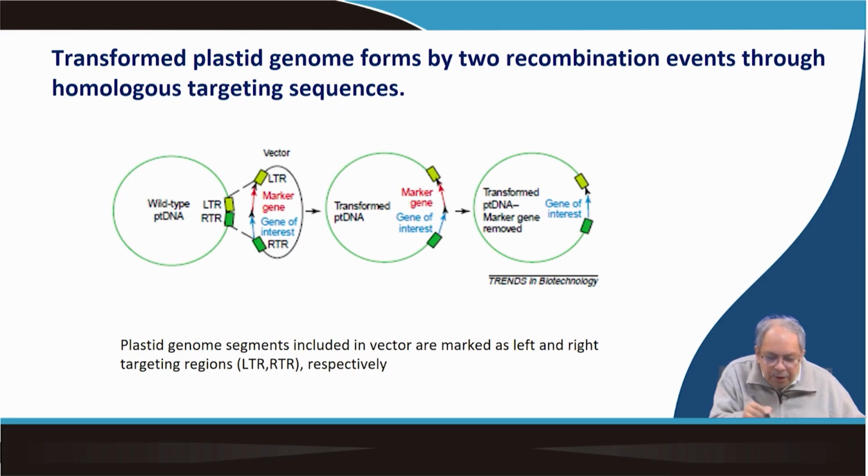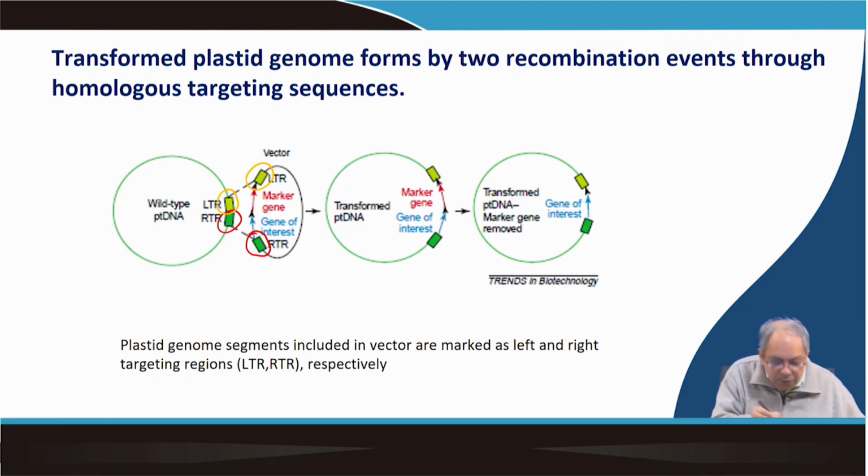When the vector has to be constructed, one has to take care that a similar sequence is put here in the vector, and another similar sequence of the other is put here. So, the left targeting region and right targeting region, the similar sequences, are put in the vector where you have the marker and the gene of interest.